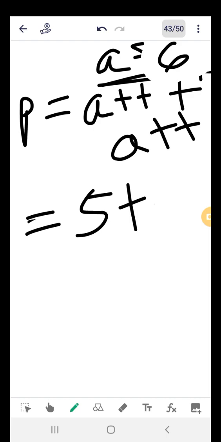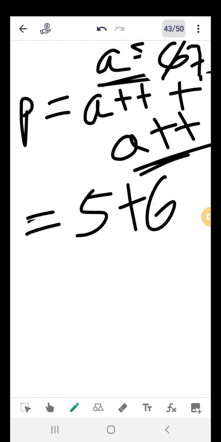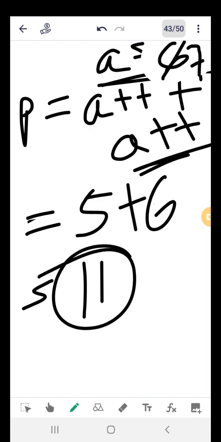Now plus A plus plus. What will happen? First the previous value of A, 6, will be used. Then the value of A will become 7, because A plus plus was there. We use the previous value and then increase the value of A. Now it will be 11. See, the value of P is 11. Previously it was 12. Now it is 11, and the value of A is 7.